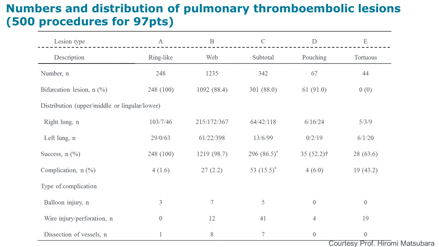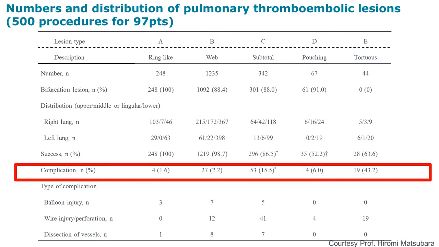The Japanese group has the vastest experience, and in this complicated slide I will highlight for you the key message, which is complications that have been reported yesterday as anywhere between 1% and 10% of cases, depending on the lesions that are addressed by BPA, where the tortuous lesions are the worst lesions.